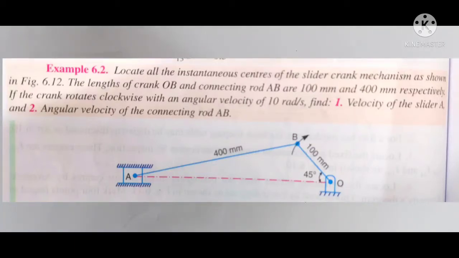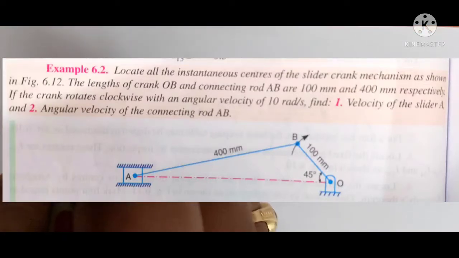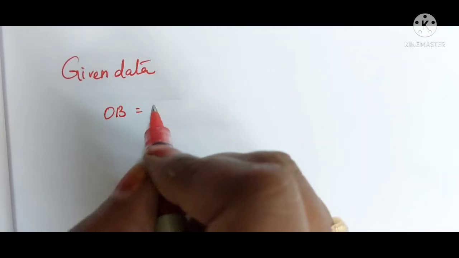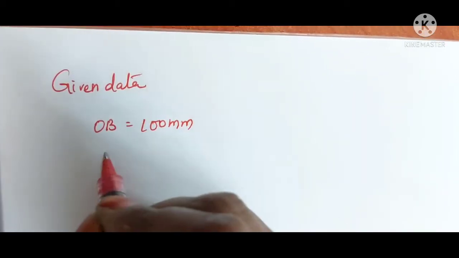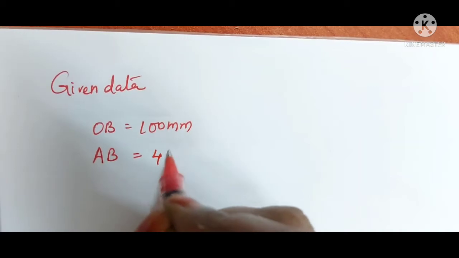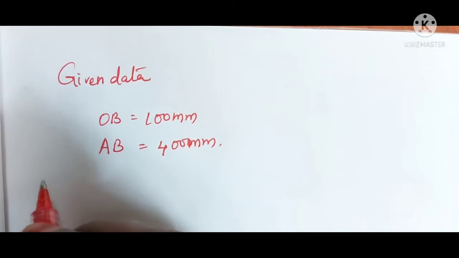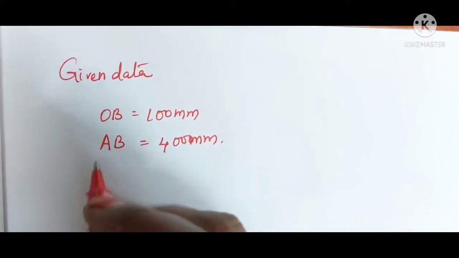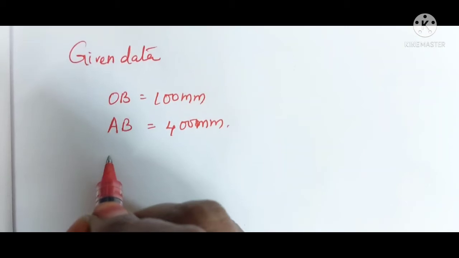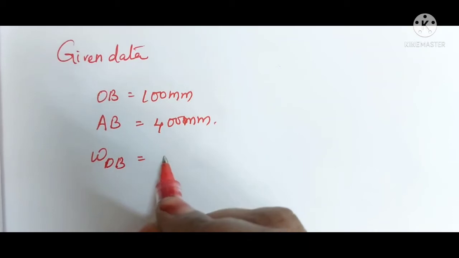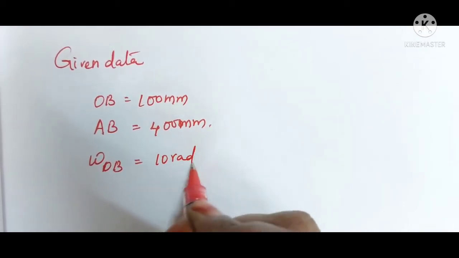Initially, as per the given data, you just write down the data and find the velocity of the link. The given data is OB is 100 mm and AB is 400 mm, and then the velocity of the crank. The crank means OB, so the angular velocity omega OB is 10 radians per second.